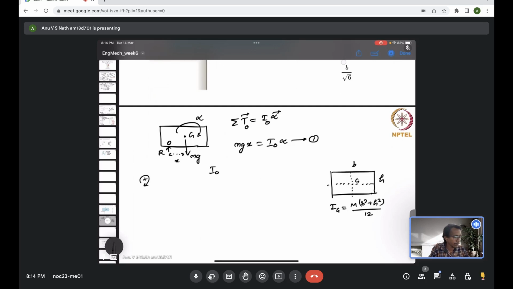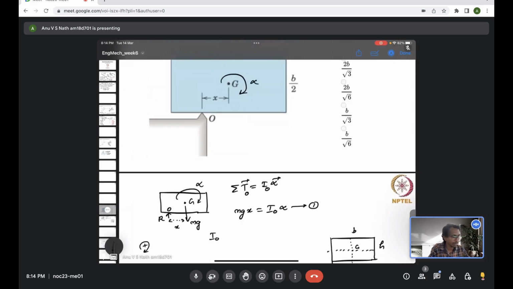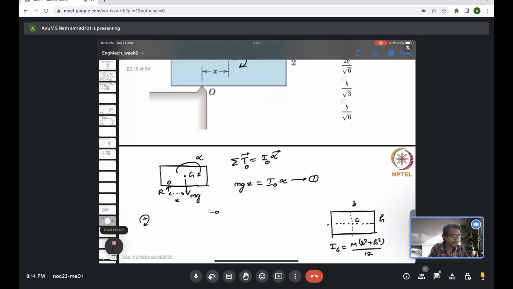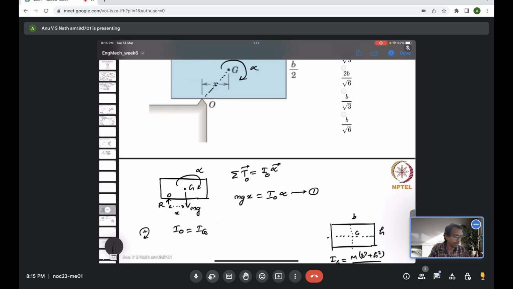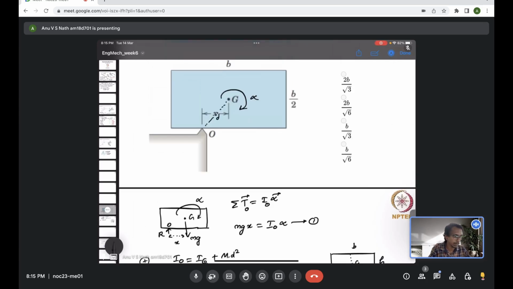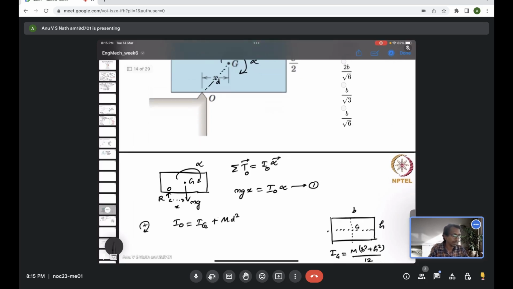Now we want to evaluate the moment of inertia about O. There is the parallel axis theorem that we will use here: I_G plus the mass times d square, where d is the distance to the location where we want to evaluate the moment of inertia.